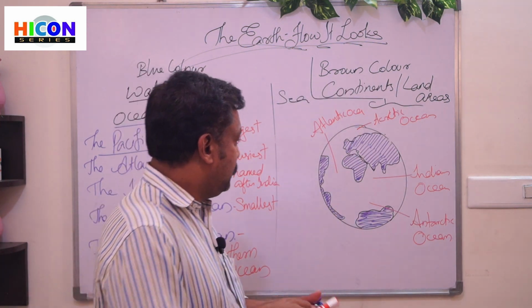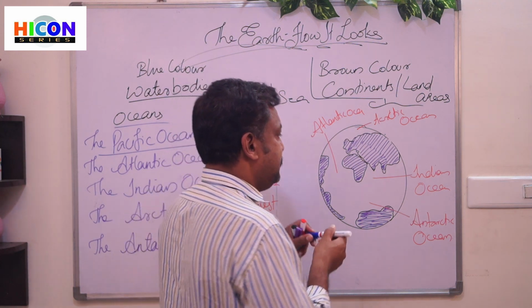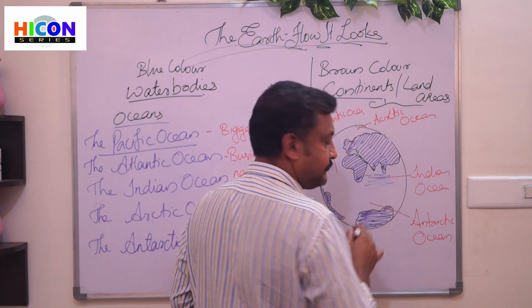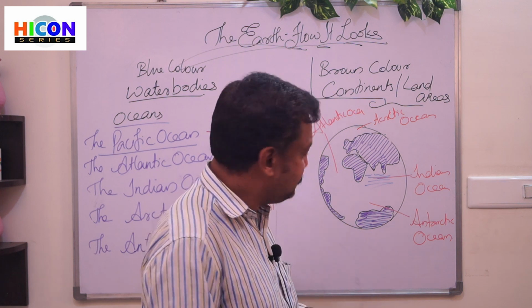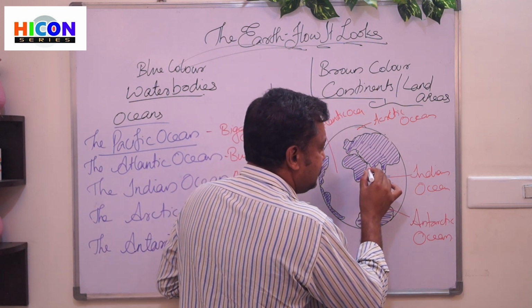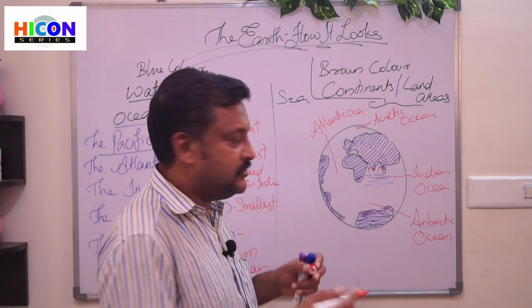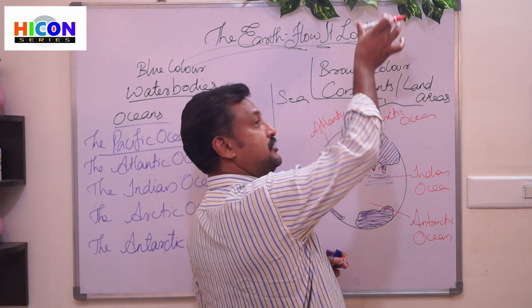So this part actually forms the ocean. But when we check, there is a smaller part, isn't it? Something is going in between these areas, no?